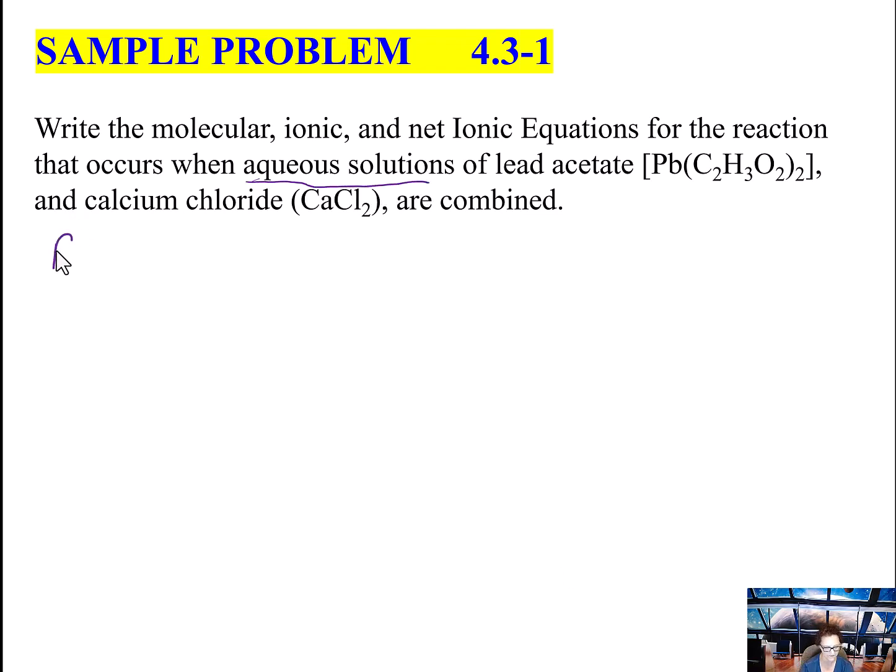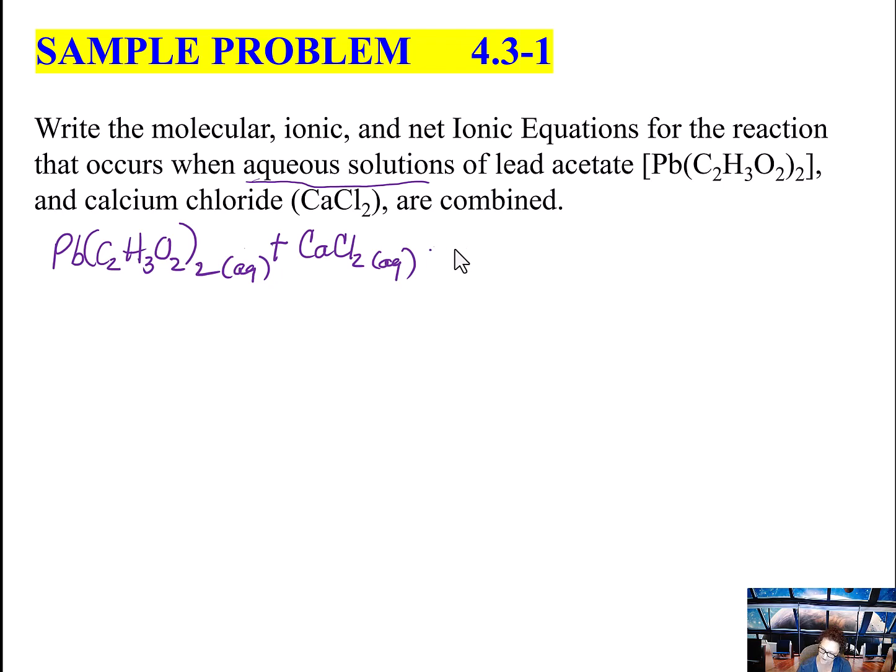So I have lead acetate, Pb(C2H3O2)2, and that's aqueous, and it's important that you write that so we know that it is soluble, plus calcium fluoride, aqueous. You can look it up on the chart, but you don't have to, because if it's an aqueous solution, we already know it's soluble.